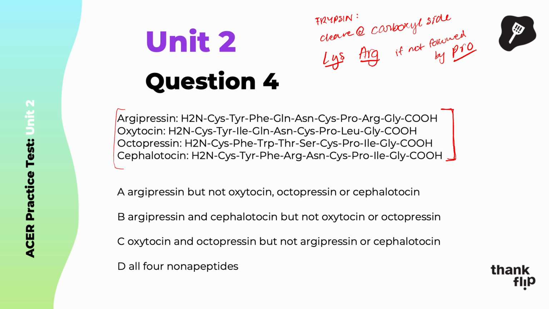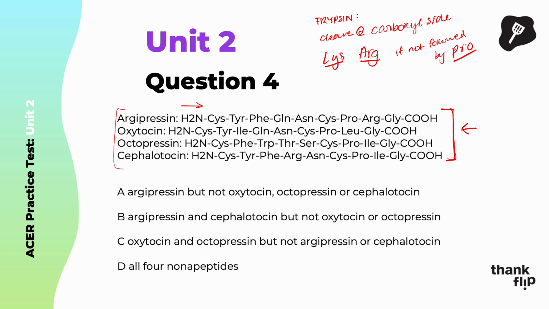Okay? And so we also need to look at nonopeptides. So I go back to this piece of information in the stimulus, and then I can take a look at whether or not they have lysines and arginines. Okay? So looking from left to right, we have cysteine, tyrosine, phenylalanine, glutamine, then asparagine, cysteine, and we have proline here.